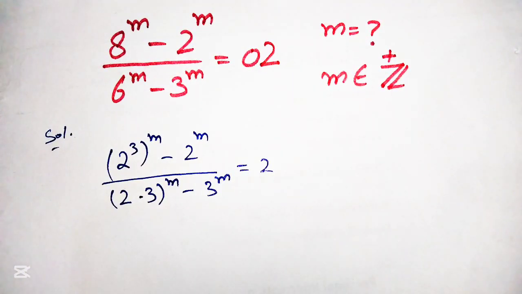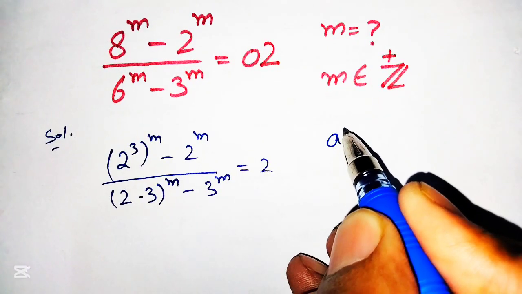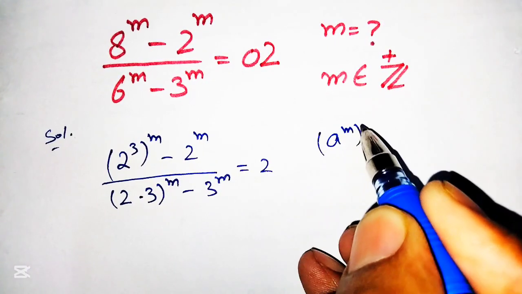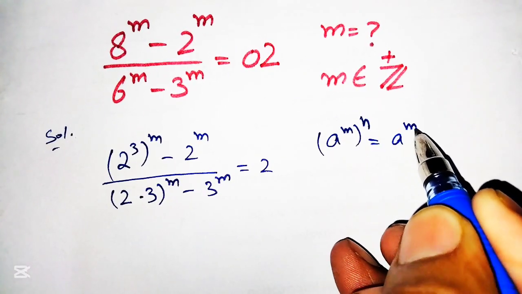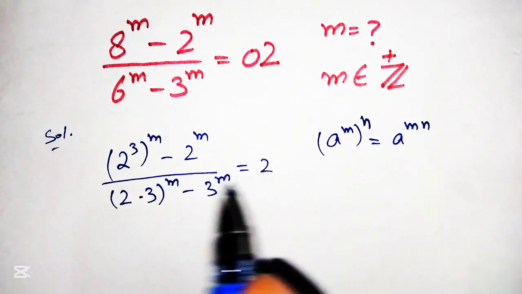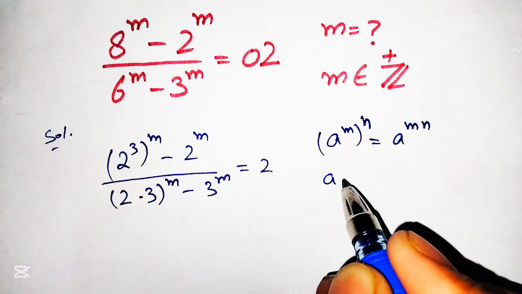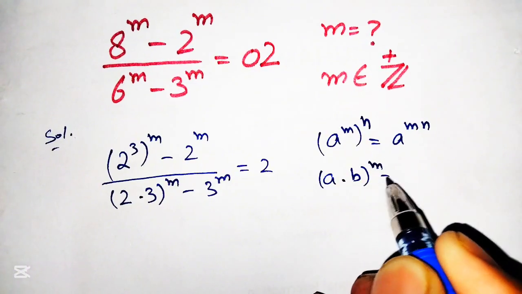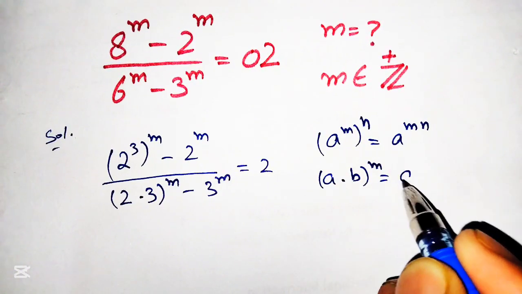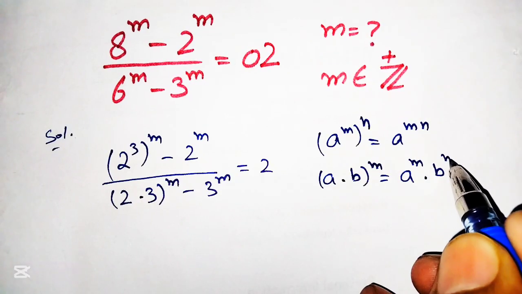Now according to mathematical formulas, that is (a^m)^n, if power of a power is involved then both powers can be multiplied, so a^(mn). And if we have (a × b)^m, then we can write this power separately, that is a^m times b^m.